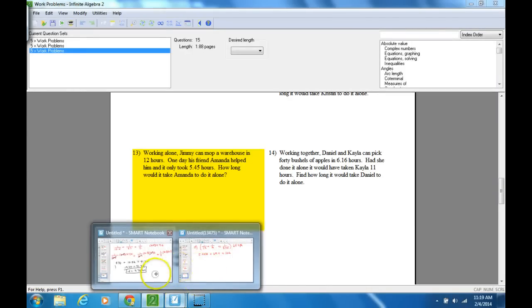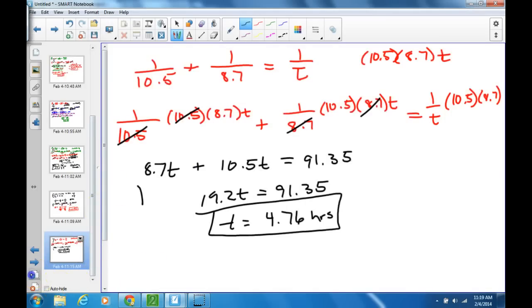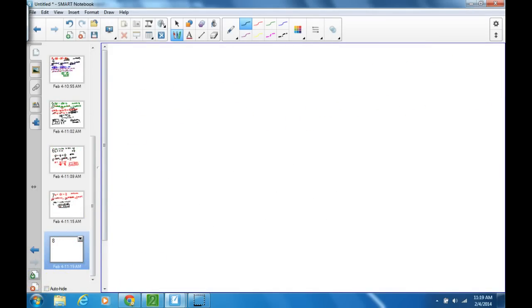So let's go to a new page. Jimmy can mop the warehouse in 12 hours, so I'm going to put 1 over 12. We don't know how long it takes Amanda, so I'm going to put 1 over A. And the total together is 5.45.